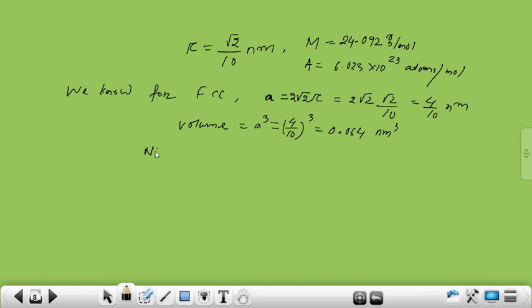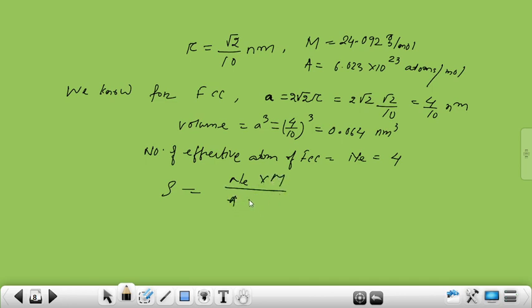Number of effective atoms of FCC, we know, is denoted by Ne equal to 4. So the density will be number of effective atoms into molecular mass divided by Avogadro number into volume of unit cell.